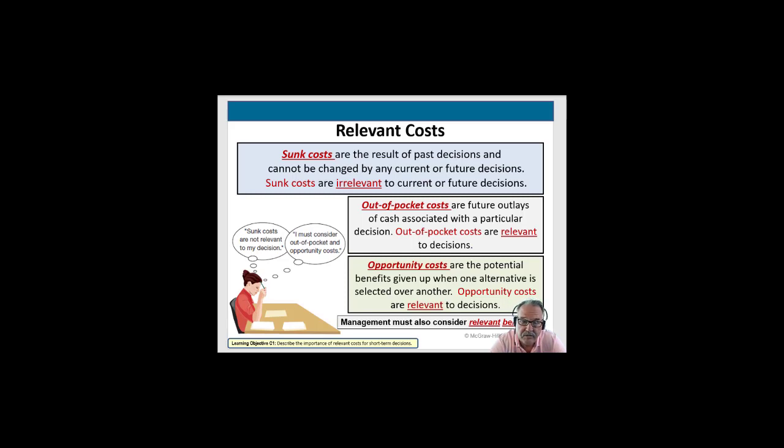What we do need to focus on is out-of-pocket cost, which is costs that are going to be in the future, and opportunity costs. Opportunity cost means that we have lost revenue because we've done one thing versus another. So these are the costs that we must focus on, the out-of-pocket costs and the opportunity cost.